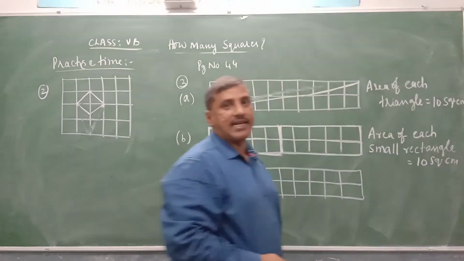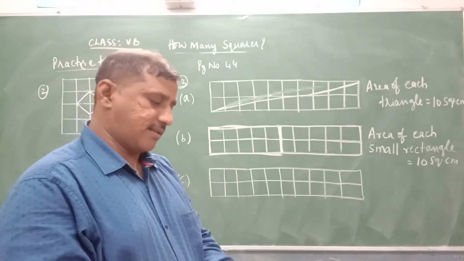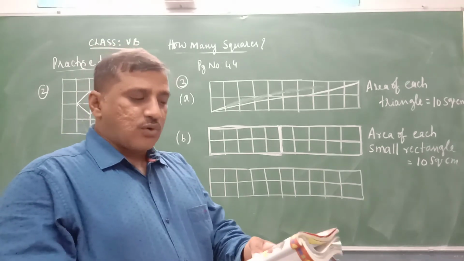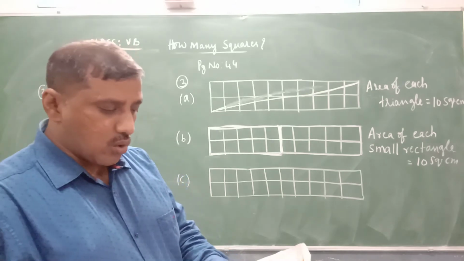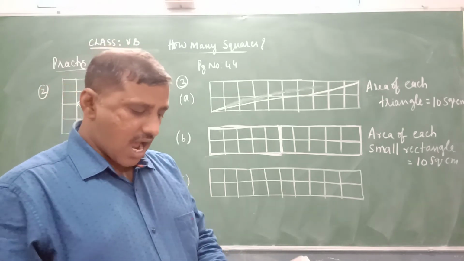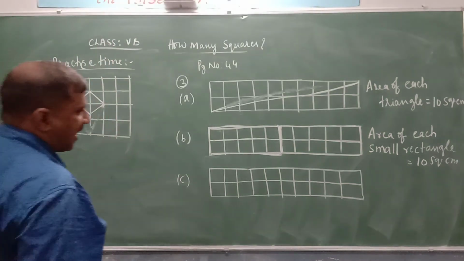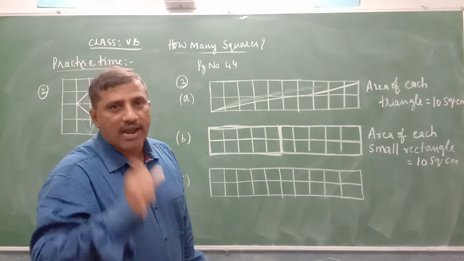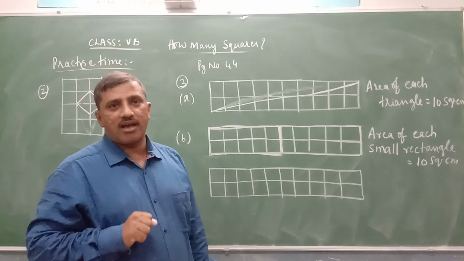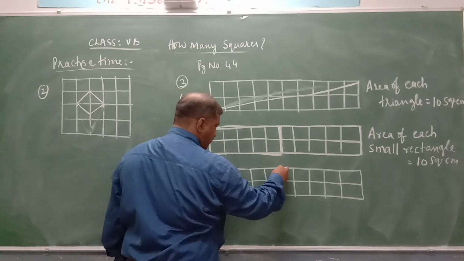Now question C. Draw two straight lines in this rectangle to divide it into one rectangle and two equal triangles. Yes, draw one vertical line.